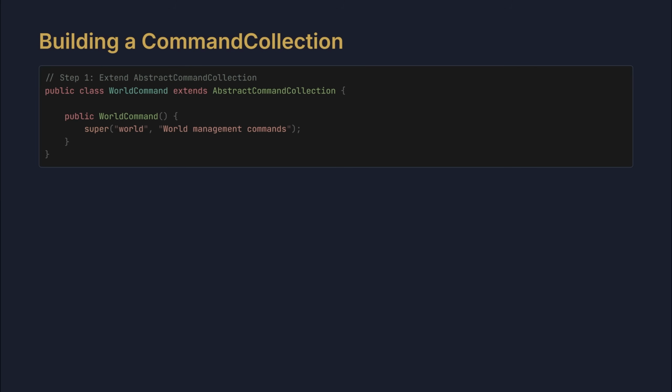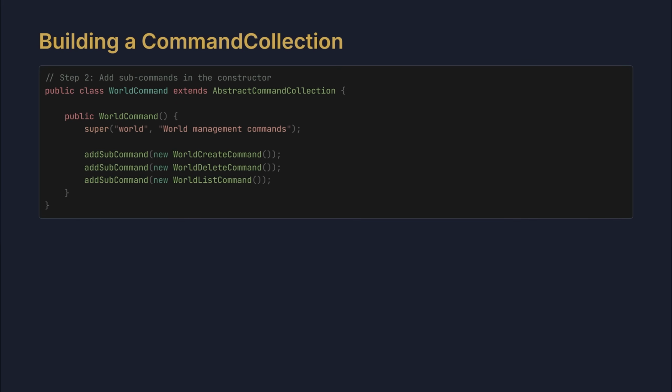At first, we create our class world command, but now we extend the class abstract command collection. We define, as we did previously with the constructor, our command name and the command description. But now inside the constructor, we add the method add subcommand, and there we can define new instances of our other commands, like new classes world create, world delete, world list command.